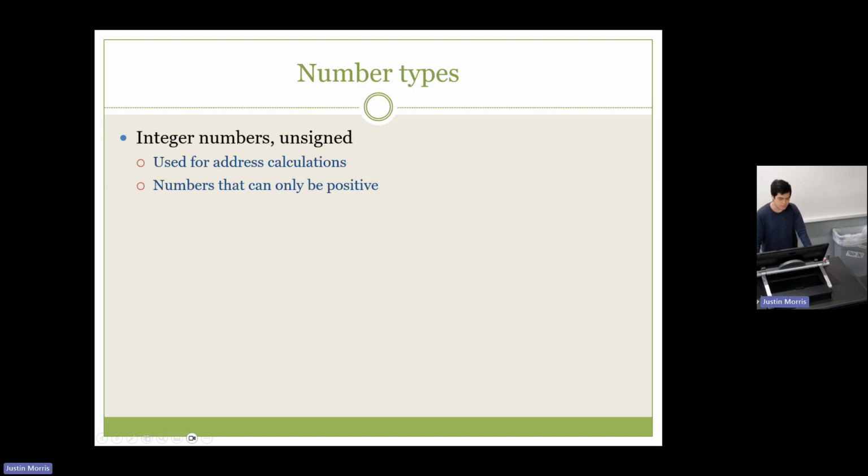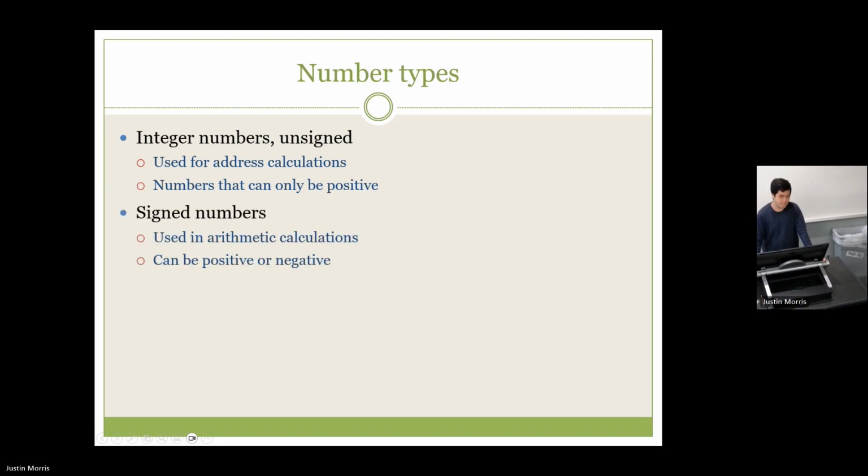You don't usually think of something having a negative address. And then for signed numbers, these are going to be used in arithmetic calculations. So your add, subtract, multiply, divide. And these can be positive or negative, but there are also unsigned versions.